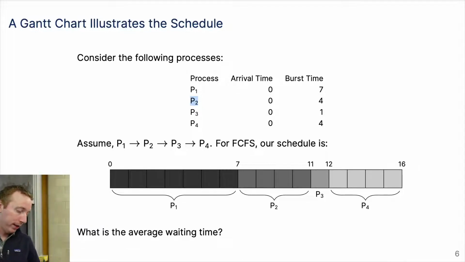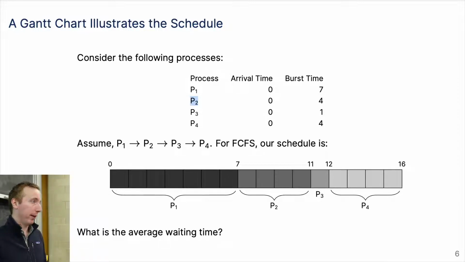Process 3 arrived at t equals 0, didn't start executing until t equals 11, so it waited around for 11 time units, and then process 4 waited around for 12 time units. If you take the average of all of them, if I remember my math correctly, it's 7.5.